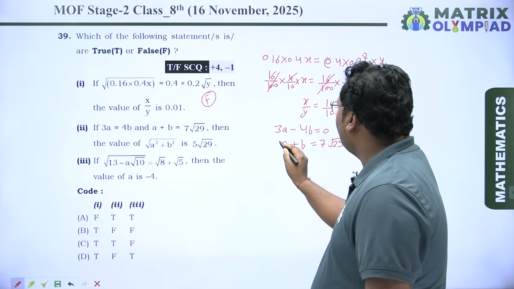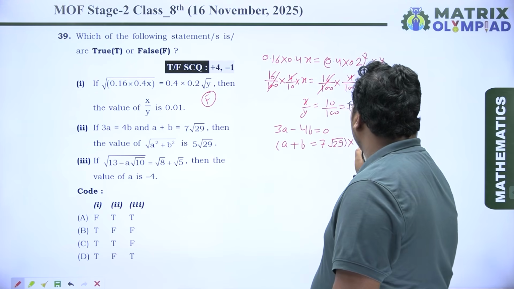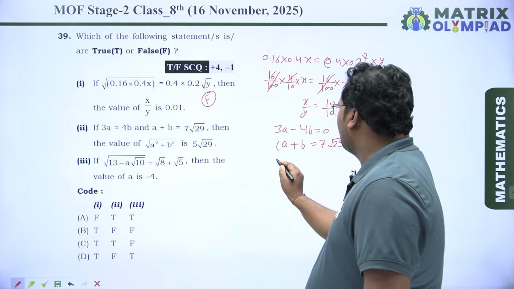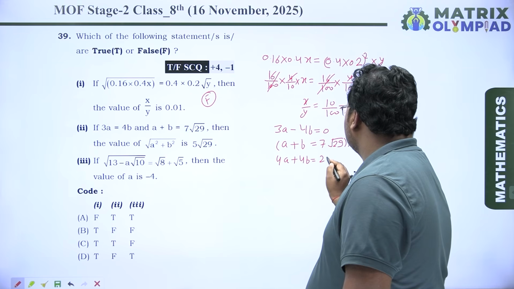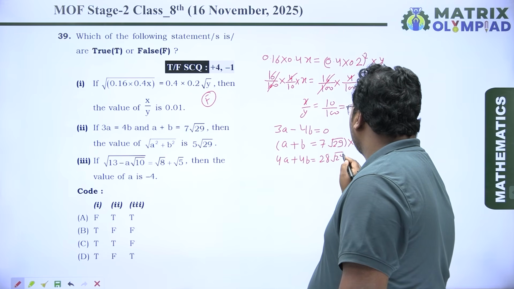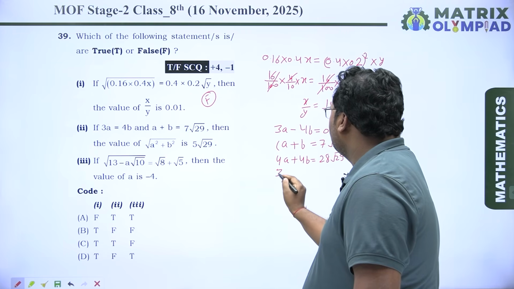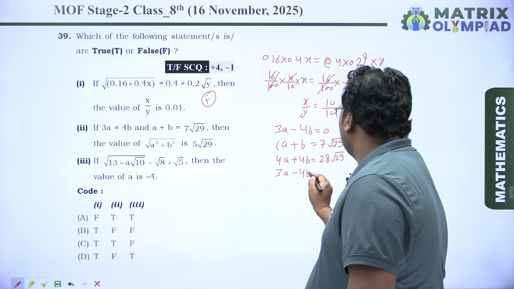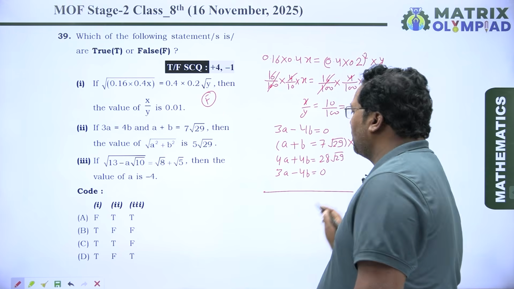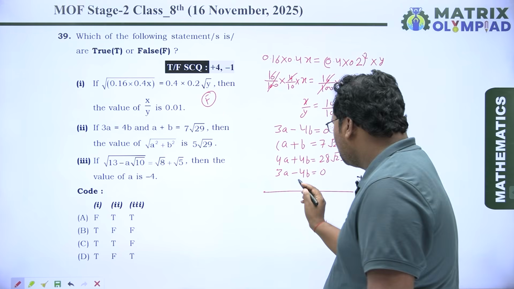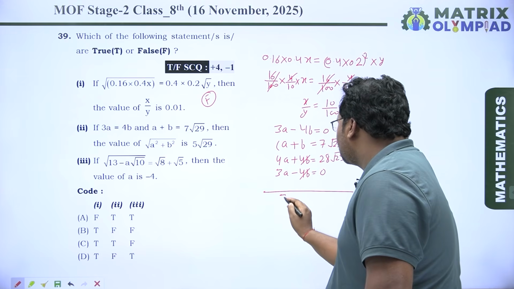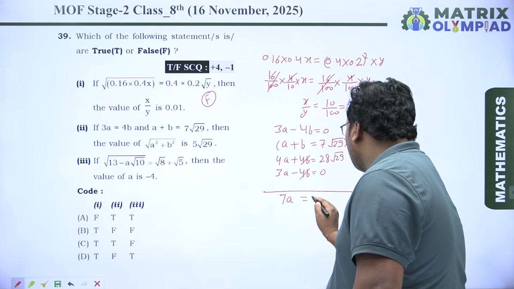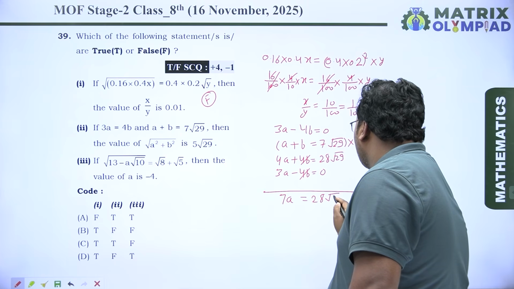Now I have to multiply this equation by 4. So we will get 4a plus 4b equal to 4 times 7, that is 28 under root 29, and the second equation is 3a minus 4b is equal to 0. Now we have to add these two equations, so 4b and 4b cancel out, so 4a plus 3a is 7a equal to 28 under root 29.